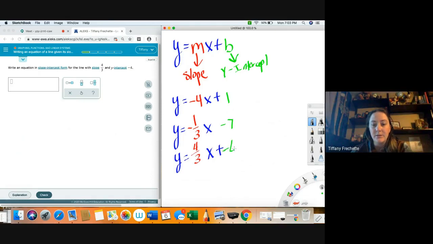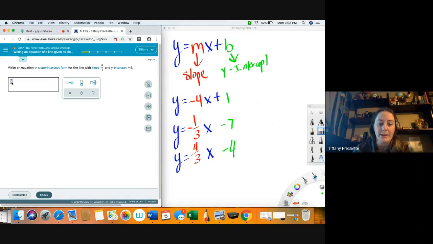So again, I want to erase this plus sign. I don't want to put plus minus 4. It wouldn't know what I was doing there, so you've got to take it out. Okay, so I have 4/3 x minus 4. Check.